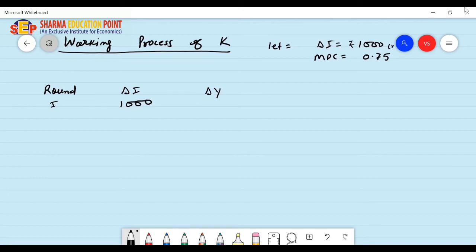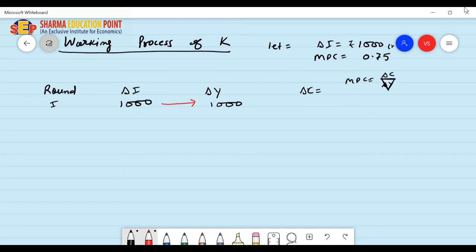This investment will be income of someone else. So this 1000 will add up in the income of someone else. If income increases, what will that person do? That person will spend some part on consumption. So what will be the delta C? You know that MPC is delta C upon delta Y.